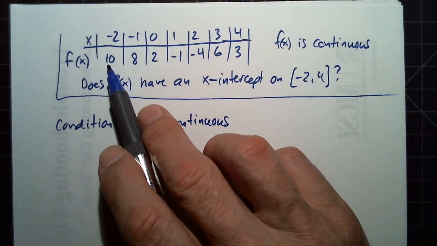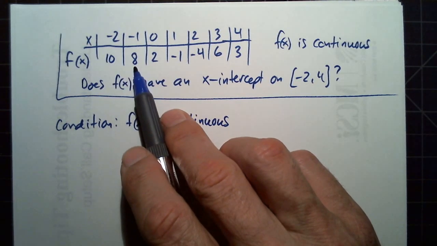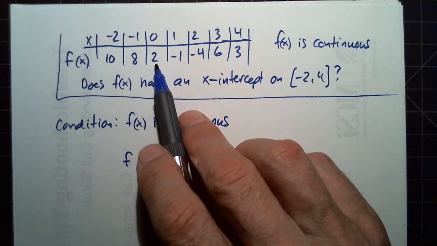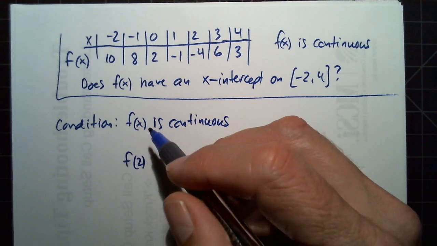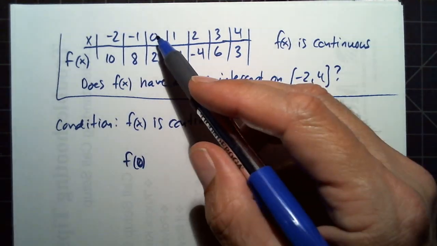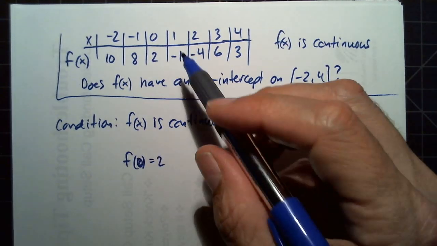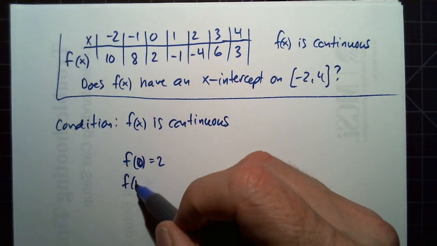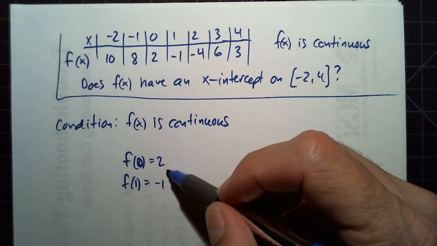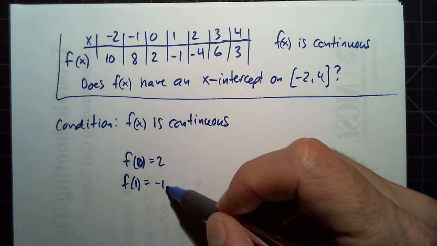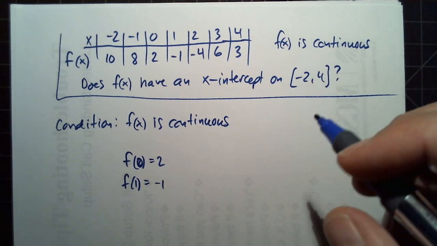If the graph goes from 10 to 8, we don't have to cross 0. 8 to 2, we don't have to cross 0. 2 to negative 1: f of 0 equals 2, f of 1 equals negative 1. So between these two y values, there's going to be a 0. That means there's an x-intercept between these.